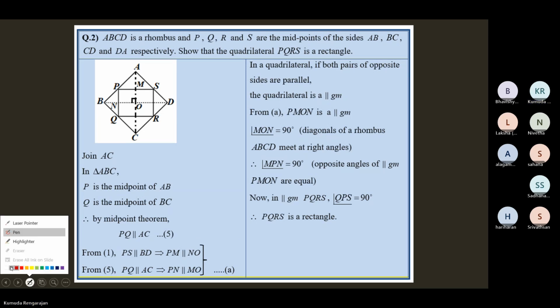So this is the different part of the proof. Till proving that PQRS is a parallelogram, it's the same. Then after that, we also join the diagonal AC and we show that PMON is a parallelogram. Once you show that this is a parallelogram, this is 90 degrees because the diagonals of a rhombus intersect at right angles.